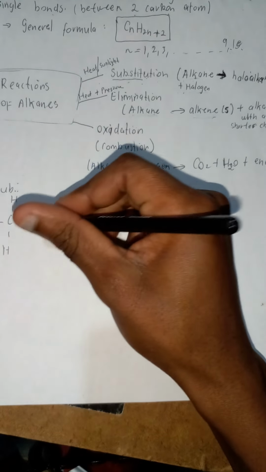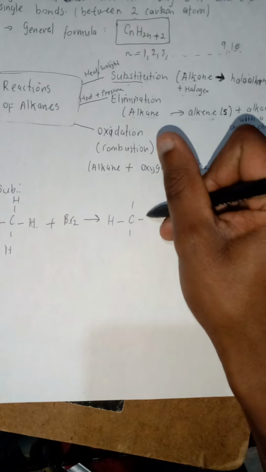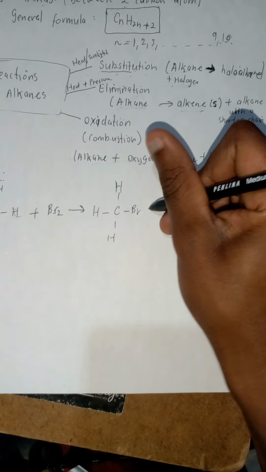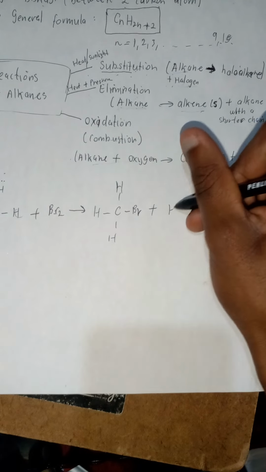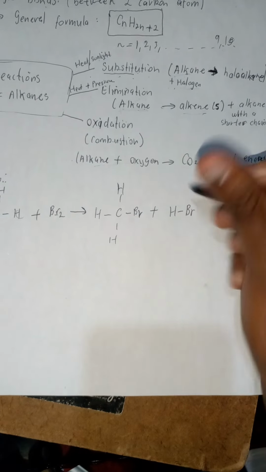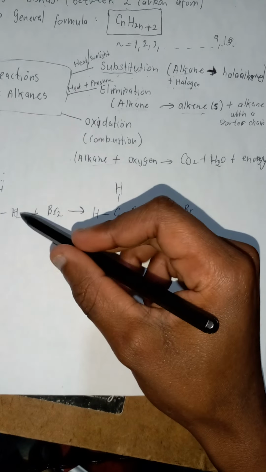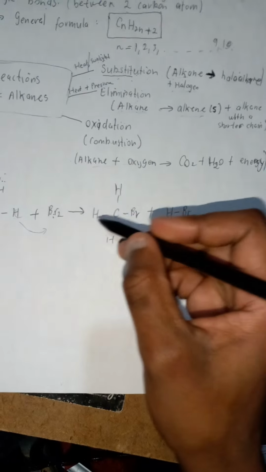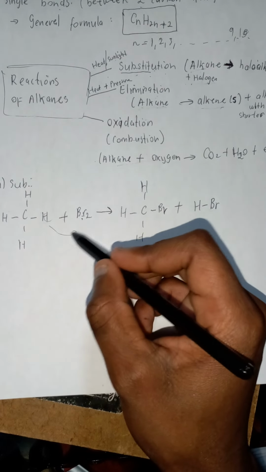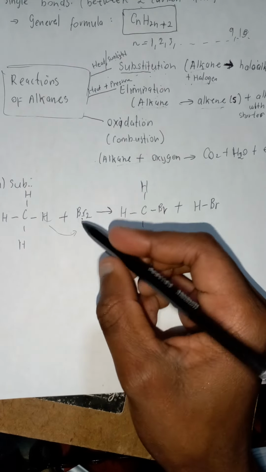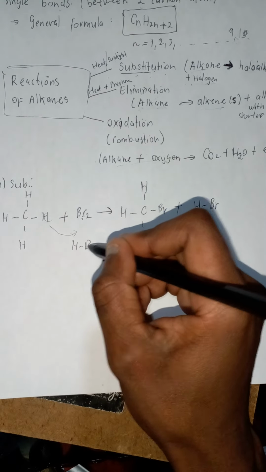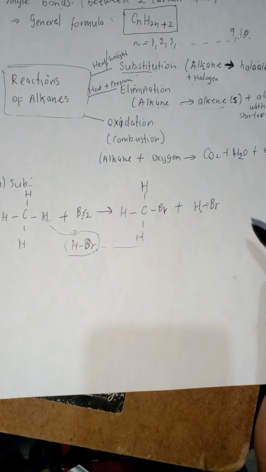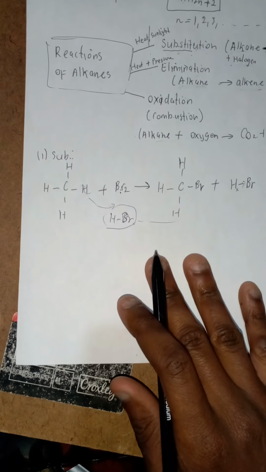Where there was a hydrogen, it will be replaced by bromine, because it's a substitution, the replacement of one atom with another. And because hydrogen is removed, the hydrogen will react with one of the bromine atoms, and this will be another product, which is the one I've written here. So this is a substitution reaction.